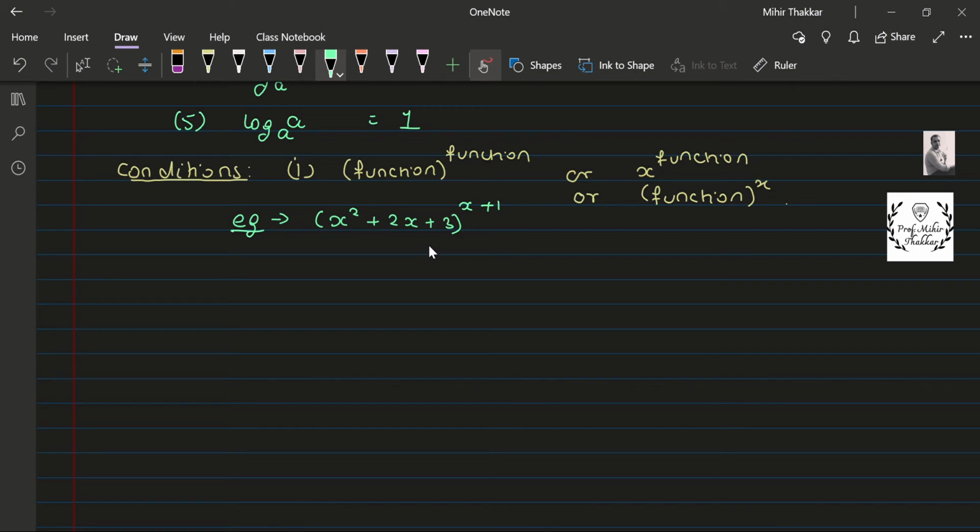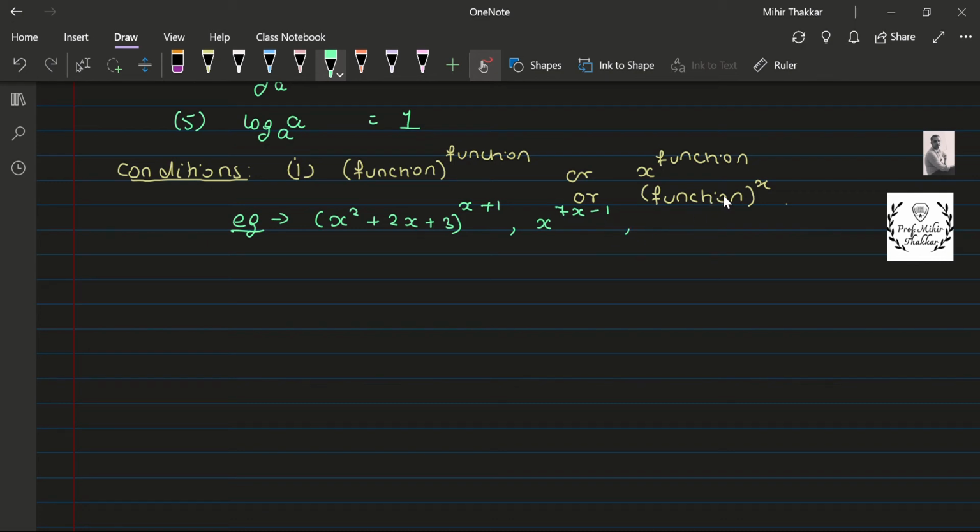So this becomes a type of function raised to function. Example number 2, it can be x to the power 7x minus 1. So x to the power 7x minus 1 is of the form of x raised to a certain function, 7x minus 1.